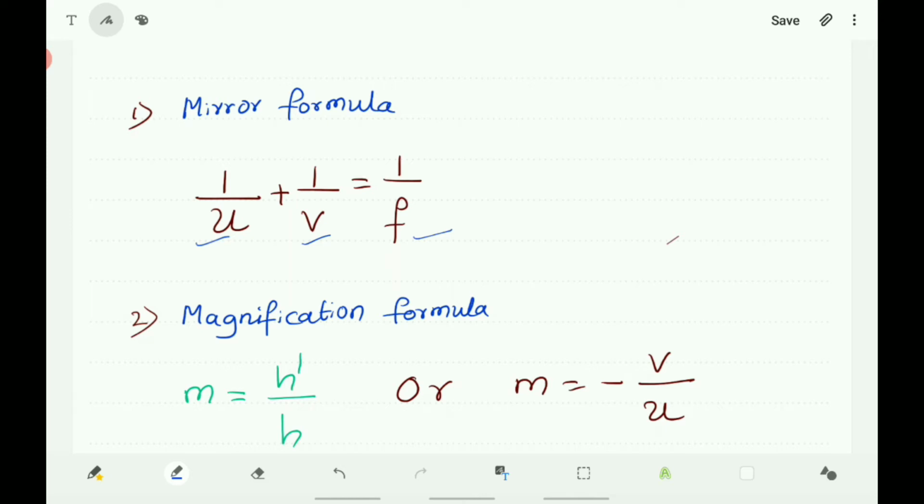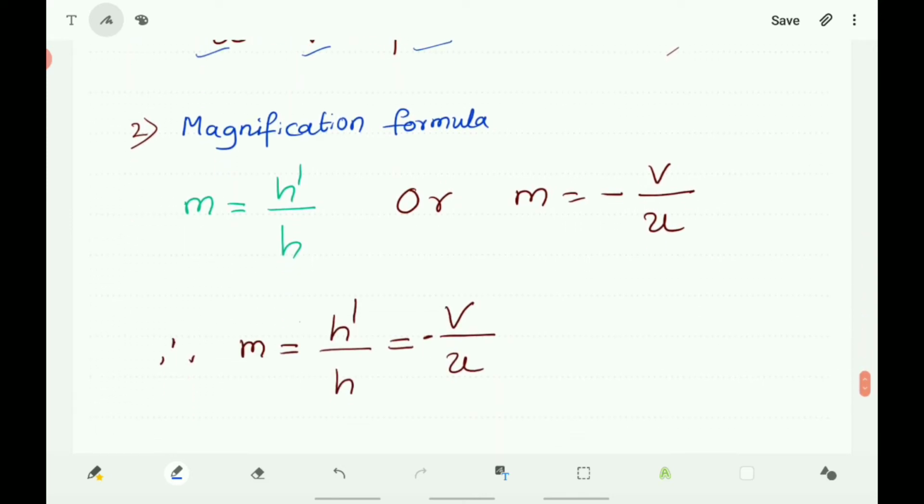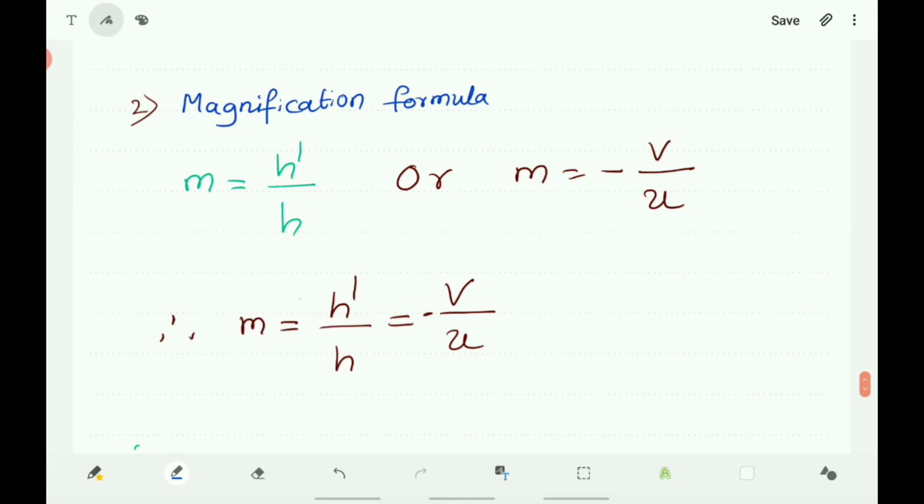Next, the magnification formula. That is m is equal to h dash by h. Here m is the magnification, h dash is the height of the image, h is the height of the object. Or it is again m is equal to minus v by u, where v is the image distance and u is the object distance.